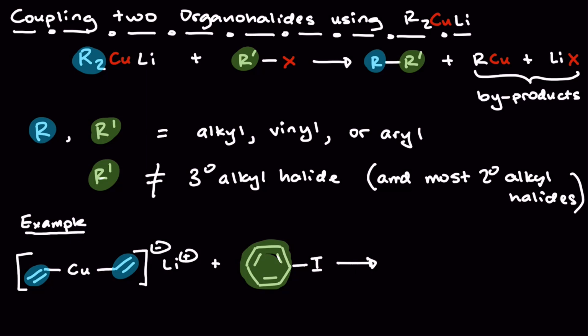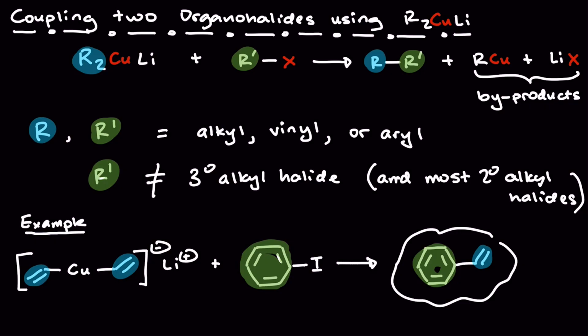Under these conditions, your coupling will indeed work, where now the blue highlighted R group couples to the green highlighted R group at the position where the iodine was in our reactant. We end up forming this molecule, so we can take an sp2 hybridized carbon and actually bond it to another sp2 hybridized carbon to form your carbon-carbon bond forming product.